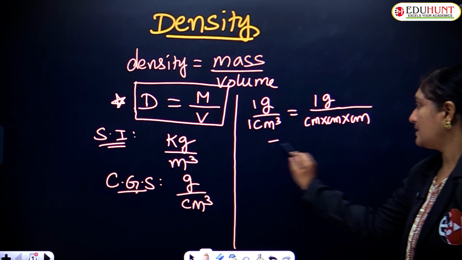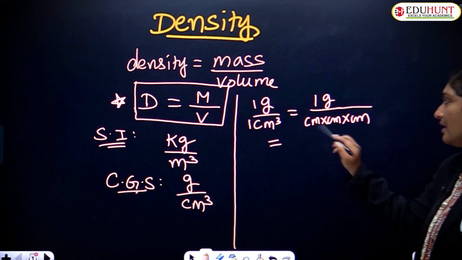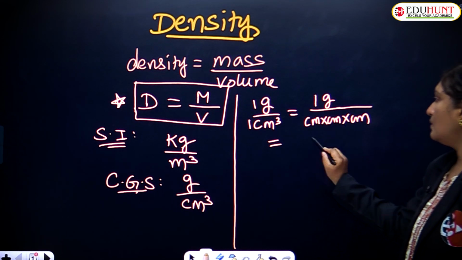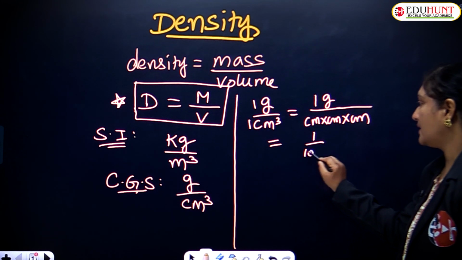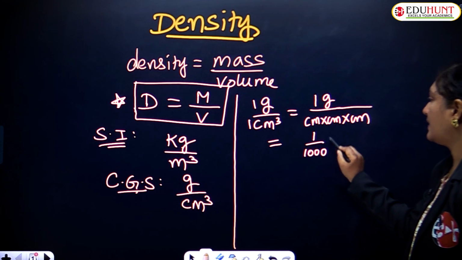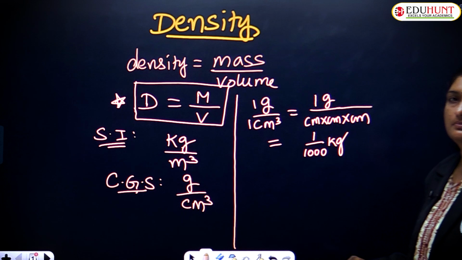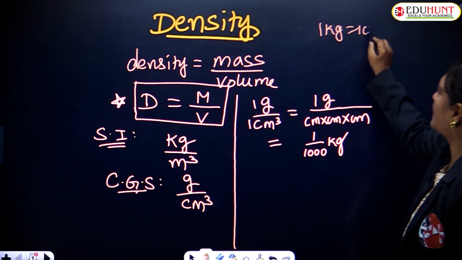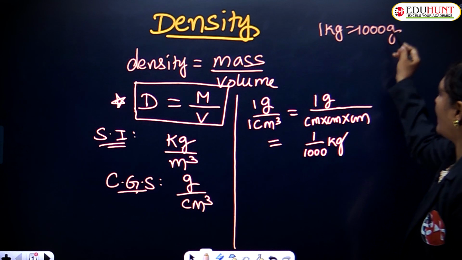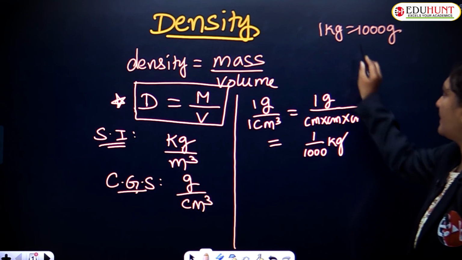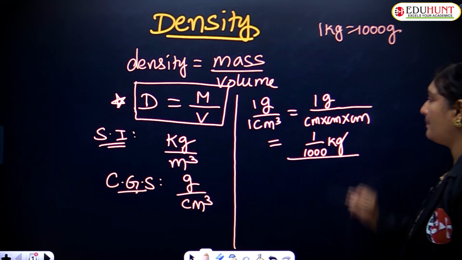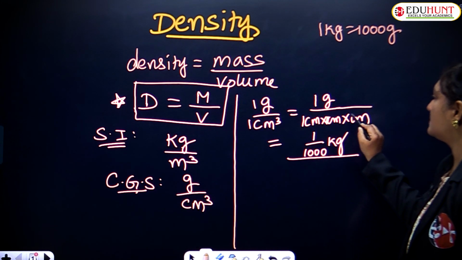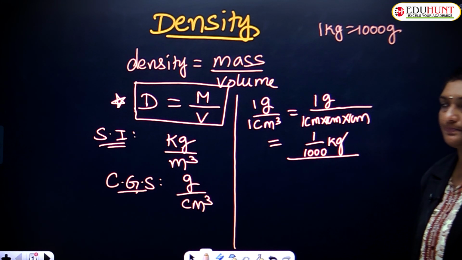So, if you would like to convert to meter cube, since 1 kg is equal to 1000 grams, 1 gram is equal to 1 by 1000 kg. Whole upon 1 centimeter cube, which is 1 centimeter into 1 centimeter into 1 centimeter.